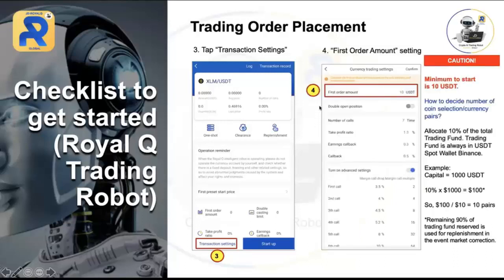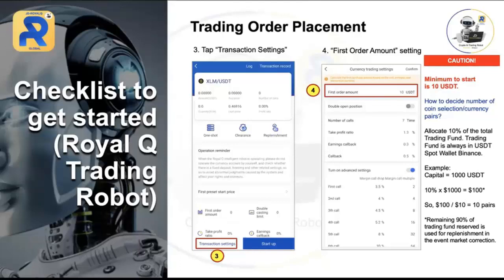It will bring you to the next page, and this is where you have the currency trading setting. This is a caution point here. Your minimum first order amount, your minimum to start, is USD $10. Please don't change this. If you're only using about $100 or $1,000, I would advise you to use $10 as the minimum. This is the default.